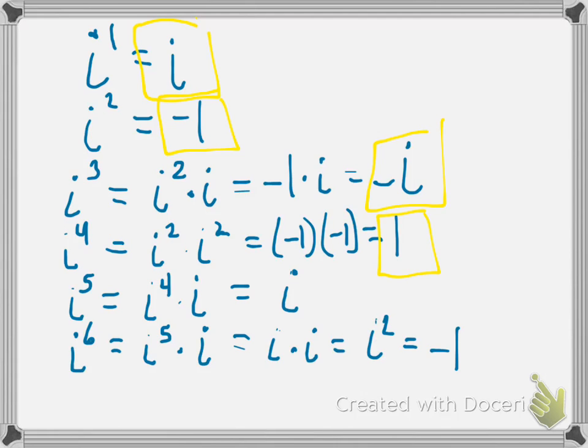And so this allows me to use that relationship to figure out i to some really large power, or any power that's a positive whole number. So if I had, say, i to the 714, what would that equal?